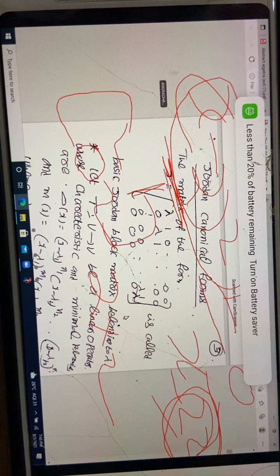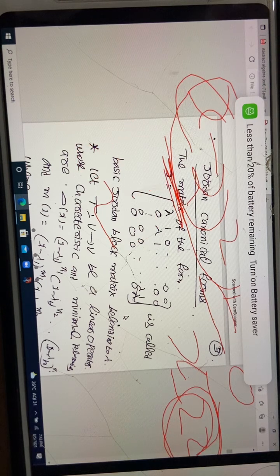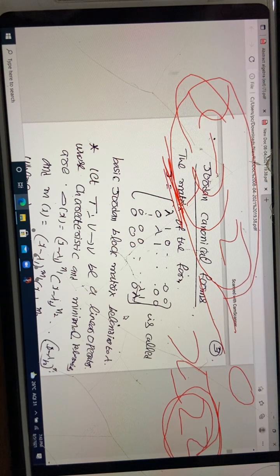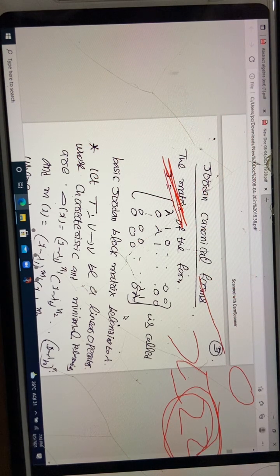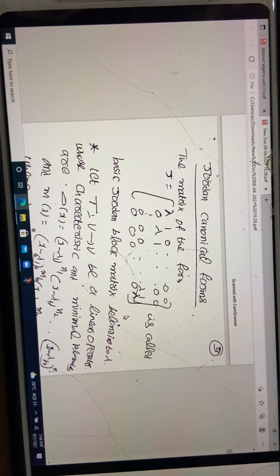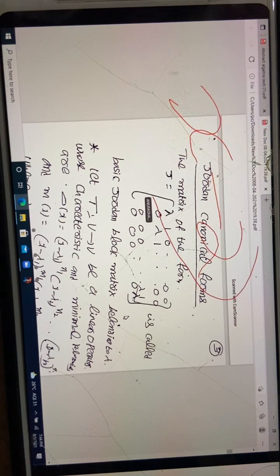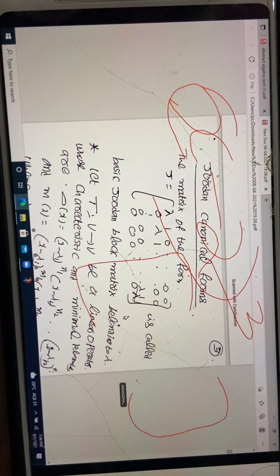For example, if it is x minus 2 whole power, for example, 3. What is the Jordan block? We'll get 3 by 3.